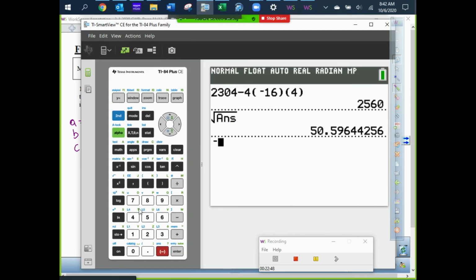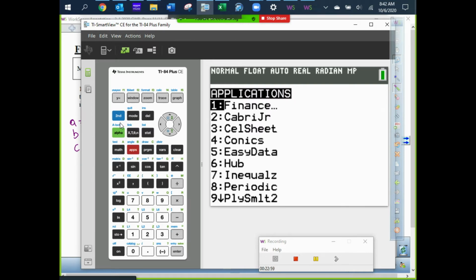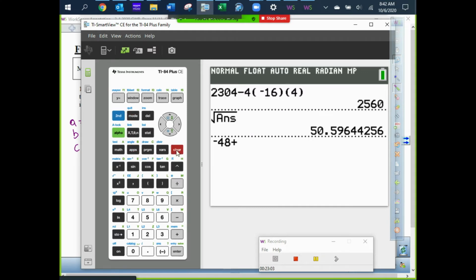And let's do the plus first. Come on, calculator, work for me. I apologize for my calculator not working. I got to clear it out and start over. Negative 48 plus the square root of 2560. And hit equals, please.